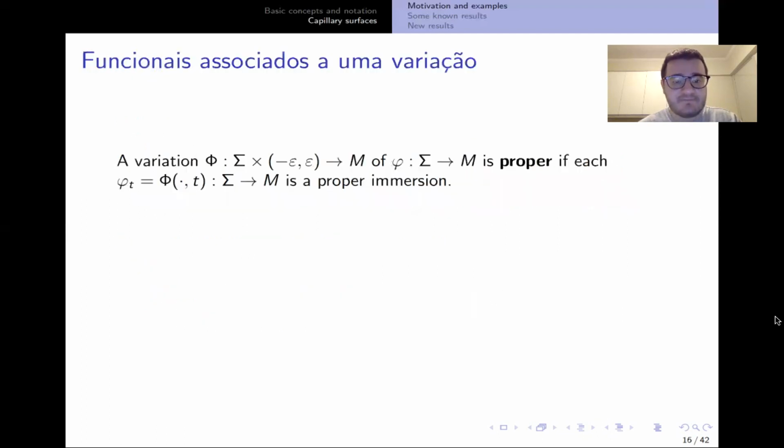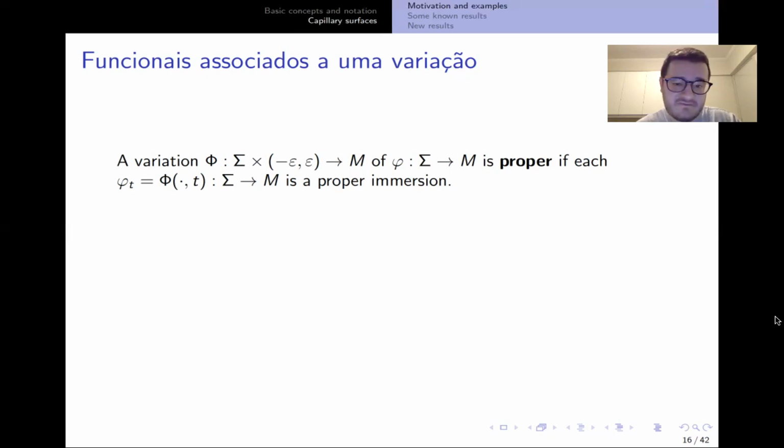And we now want to perturb the immersion phi so that we can define what a capillary surface is by means of a variational approach. So we say that a variation of phi is proper if each of the instant maps phi t, where we fix the second variable t, is a proper immersion.